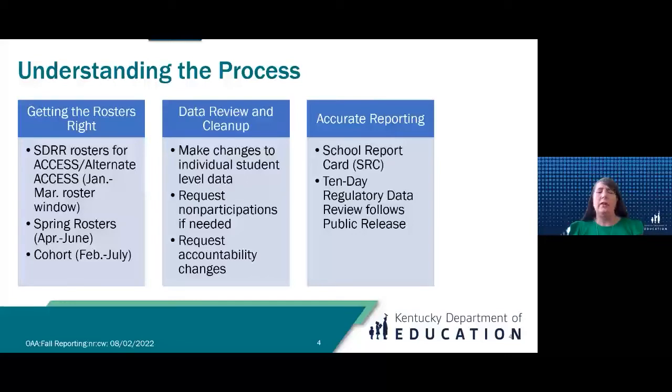And then we also had cohort 2 open as well from February to July. Our spring rosters, which is what I just discussed, were open from April till June. It closed on June 15th. That was the last time that you could make any changes to our rosters for the spring.